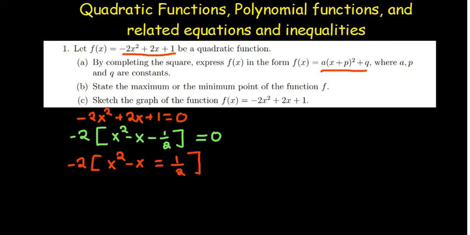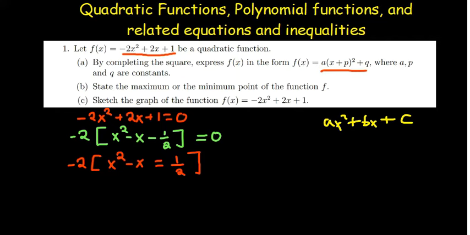Then I ask myself, what is the coefficient of my b? Remember, the form of the quadratic function is ax squared plus bx plus c. So we always focus on b.